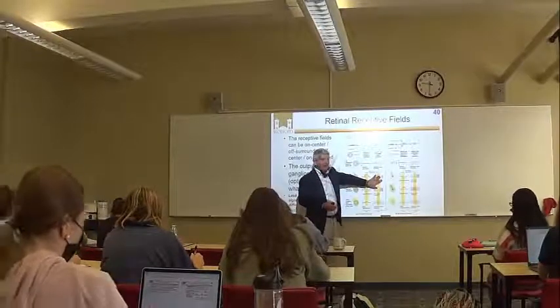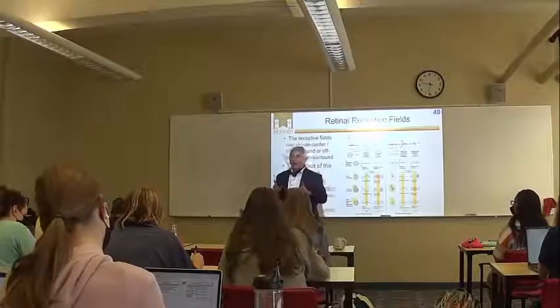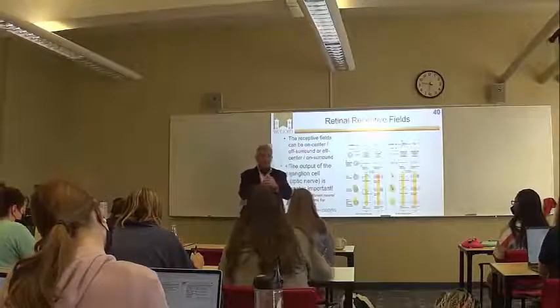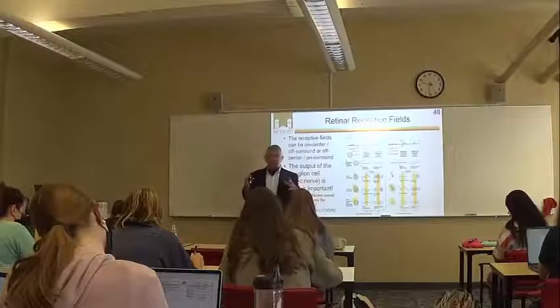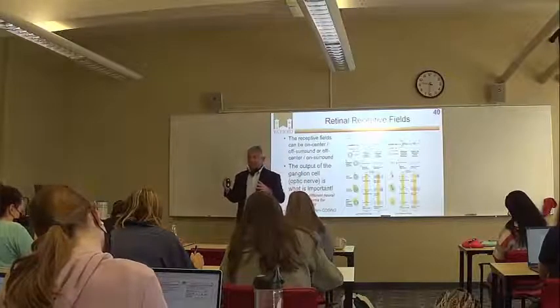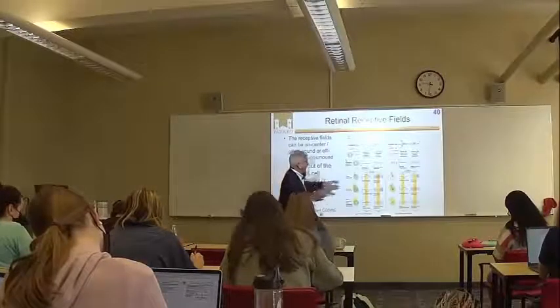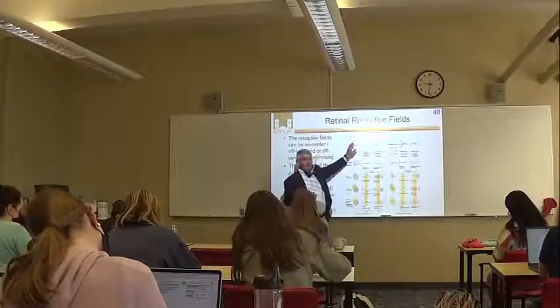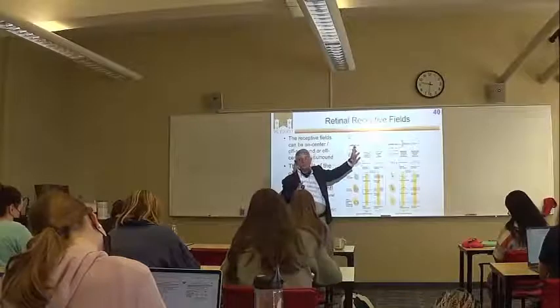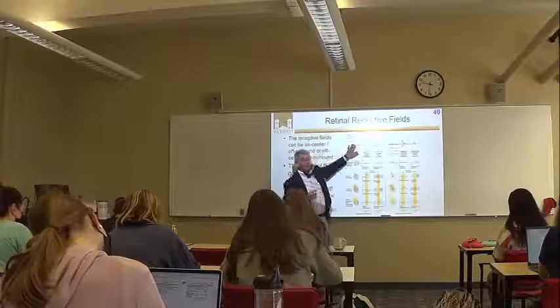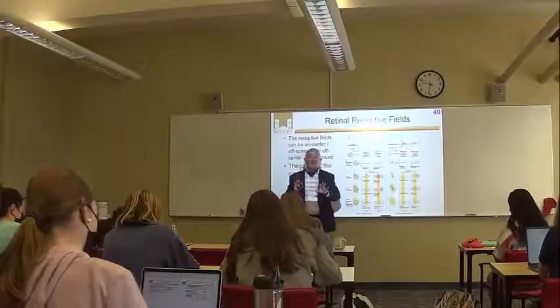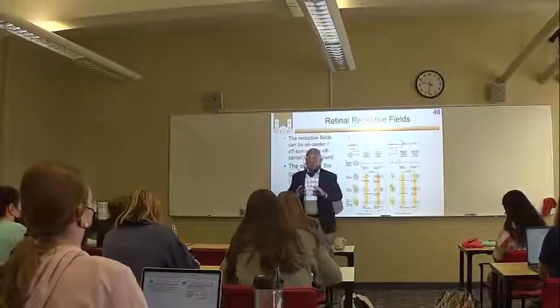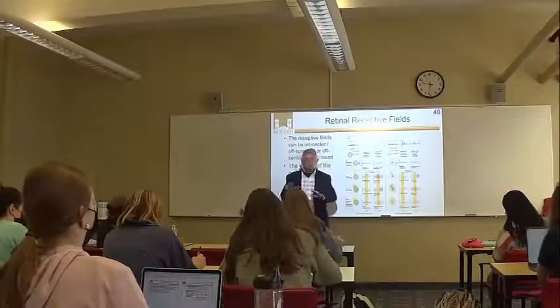Two signals, and that allows us to know whether the light is in the center or the surround of the donut-shaped receptive field. We got to take all these cells and converge them down into one. By having two signals, we at least get two pieces of information. We know if it's in the surround or the center. And it doesn't matter if the center is excitatory or if the center is inhibitory, the surround is always opposite.